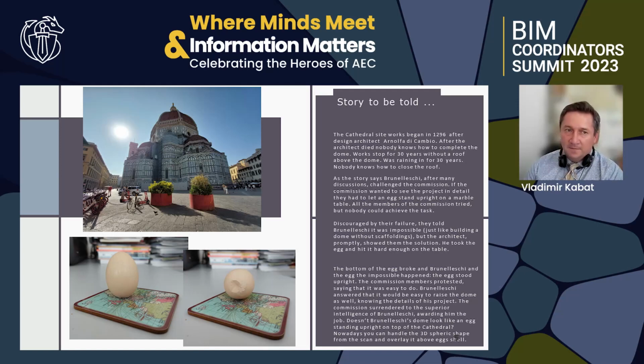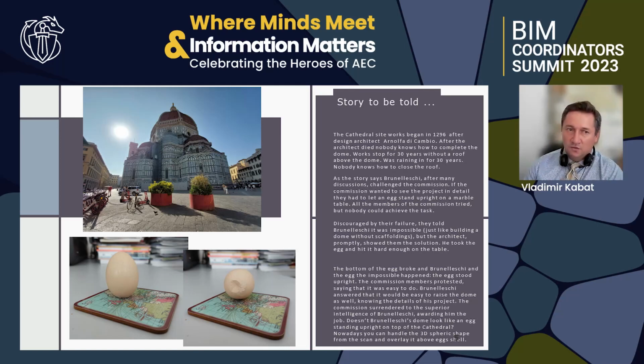Discouraged by the failure, they told Brunelleschi it was impossible, just like building the dome without scaffolding. But the architect promptly showed them the solution. He took the egg and hit it hard enough on the table. The bottom of the egg broke, and the egg stood upright. The impossible happened.